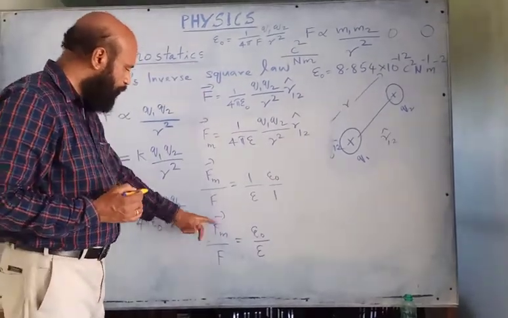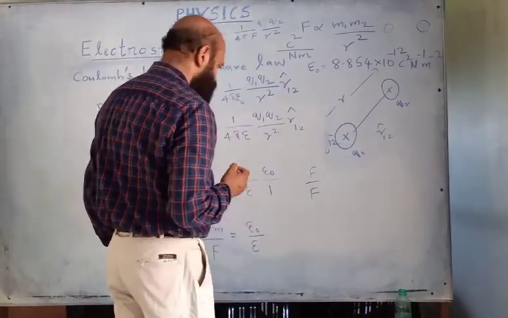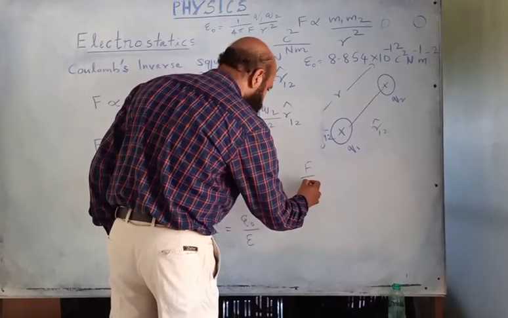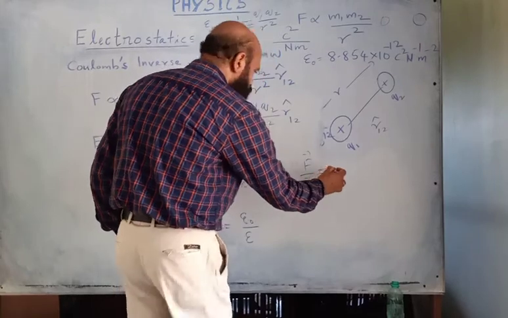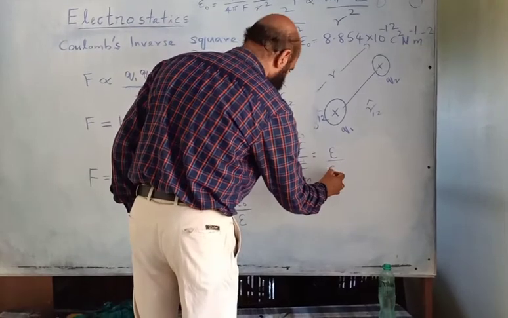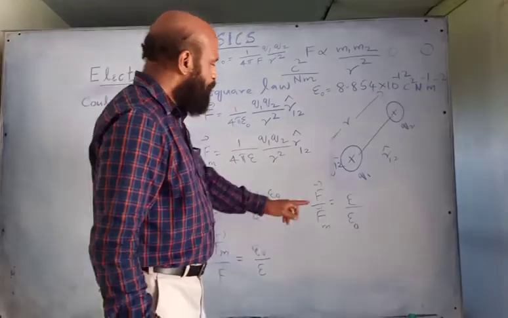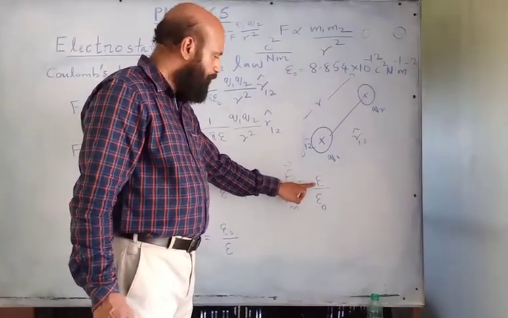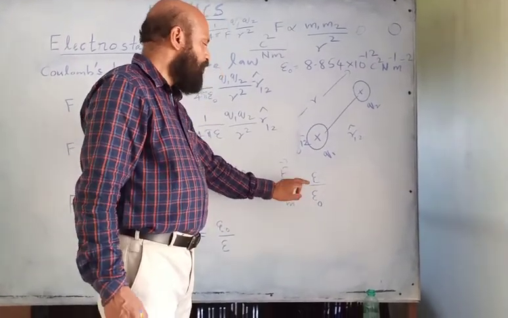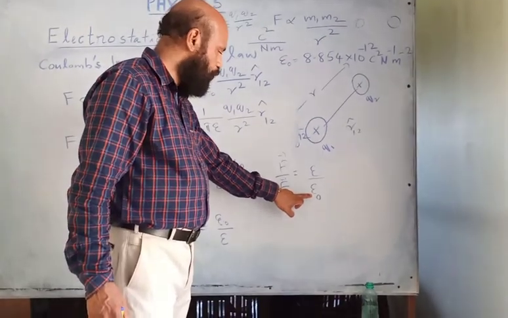If you take the reciprocal, F by Fm is equal to epsilon by epsilon 0. Epsilon is called the permittivity of the medium, epsilon 0 is the permittivity of free space. This epsilon is always greater than epsilon 0.